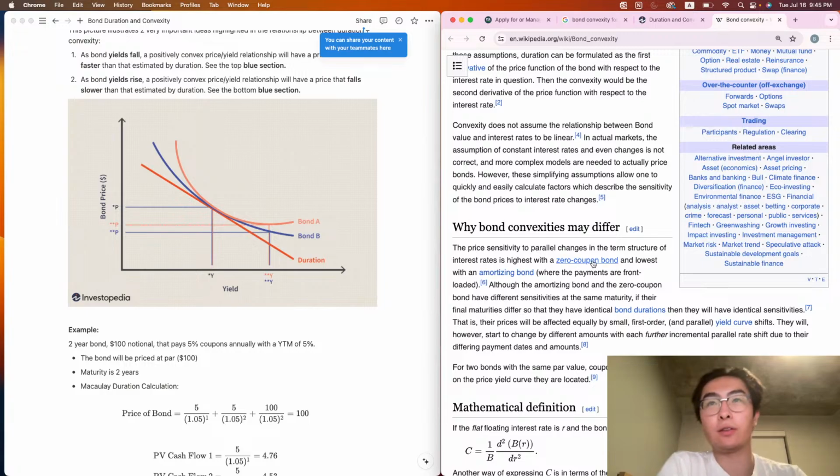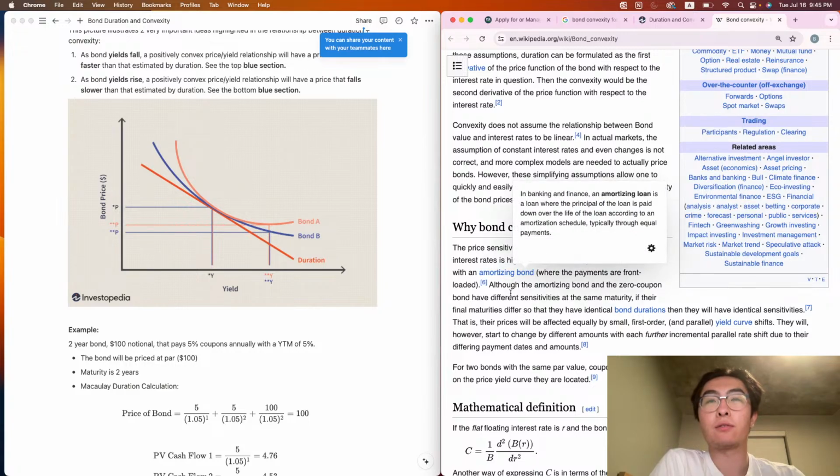Okay, so there's two different things here: a zero coupon bond where all of the payment is at maturity, and an amortizing bond where all the payments are front loaded.